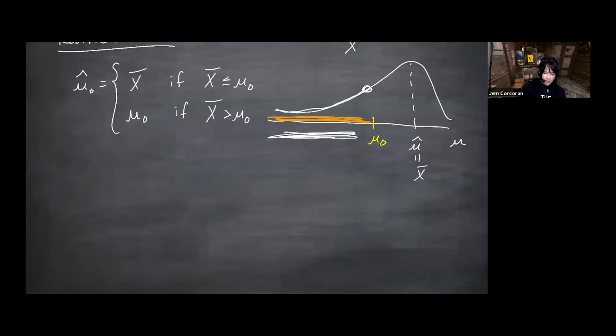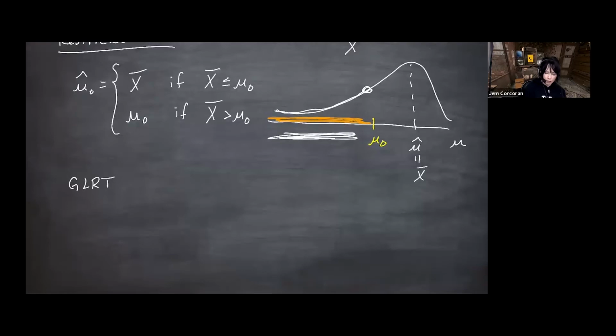Okay, so the generalized likelihood ratio, not test, but generalized likelihood ratio, is lambda of, I'm going to just stick with capital letters, lambda of X, which is the likelihood at the restricted MLE divided by the likelihood at the unrestricted MLE.